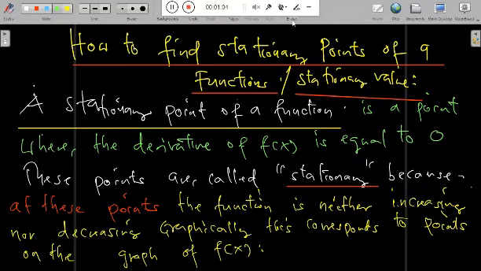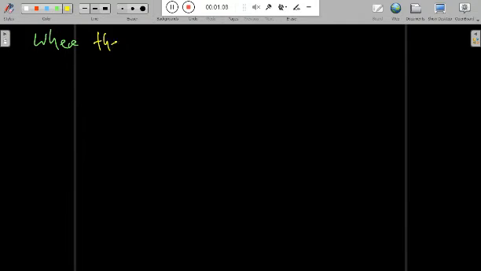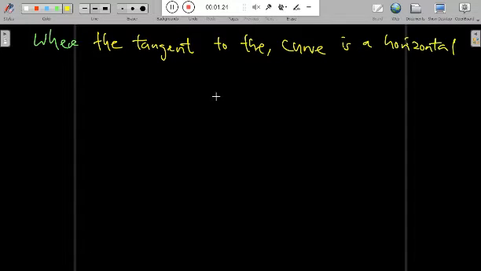When you sketch the graph, you can observe that the tangent to the curve is a horizontal line. As the curve moves upward to the horizontal line and then goes downward, the point represents what is known as a local maximum.